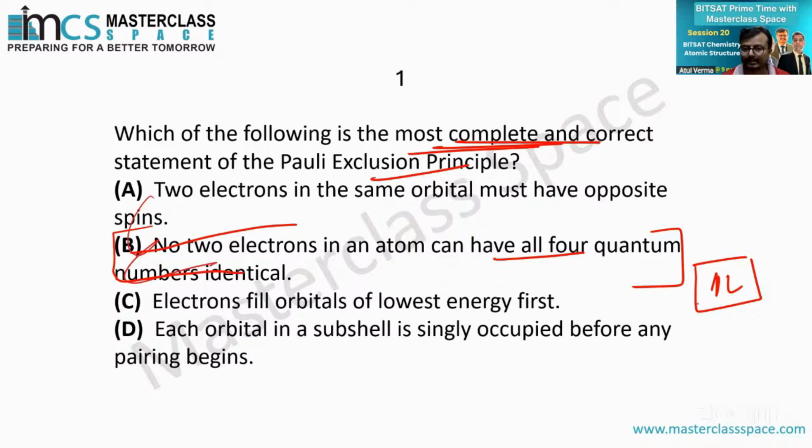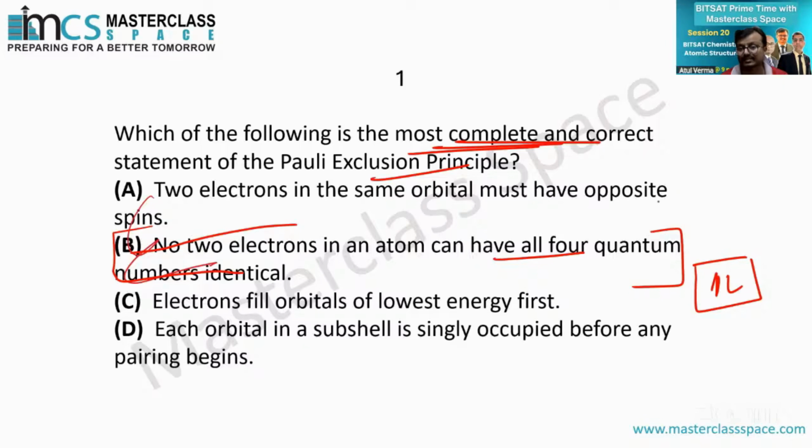Okay. And the one with a spin has a plus sign, like plus half, the other has a minus half. That is the difference in their 4th quantum number, spin quantum number. But that is the exact definition of Pauli's exclusion principle, not the first one.